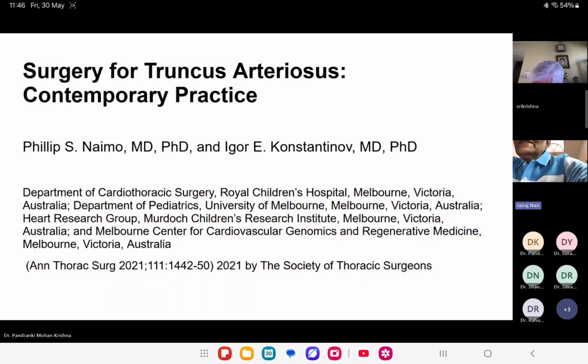Then in 1993, I was working in Muscat. They sent me to Royal Children's Hospital to learn the switch operation. At that time, the great Roger Mee was the head of the department, and Shunji Sano, of the Sano shunt, was a registrar from Japan.